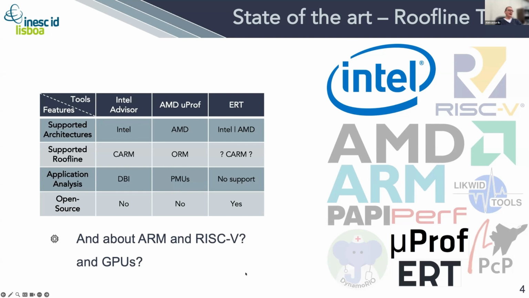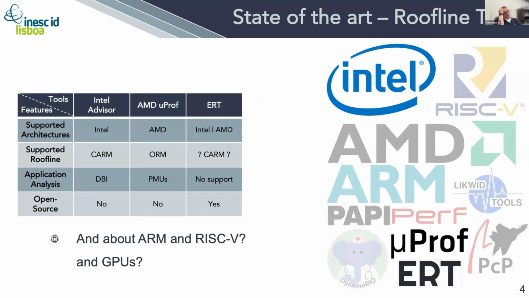If you look at something that we have in the open source space, which is the Empirical Roofline Toolkit, or ERT, they support both Intel and AMD, but the way they construct the roofline is mostly based on application benchmarks, which do not give a fairly accurate way of representing the maximums. And they don't give any support for application analysis, which means you may be able to construct the roofline, but then you have to do application analysis on your own.